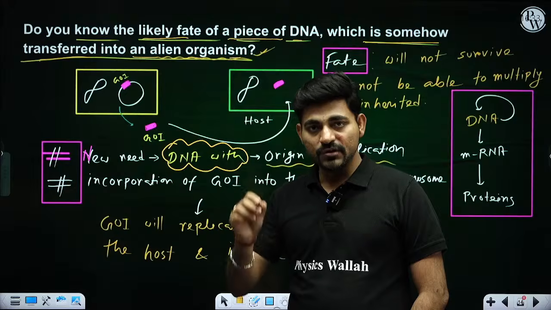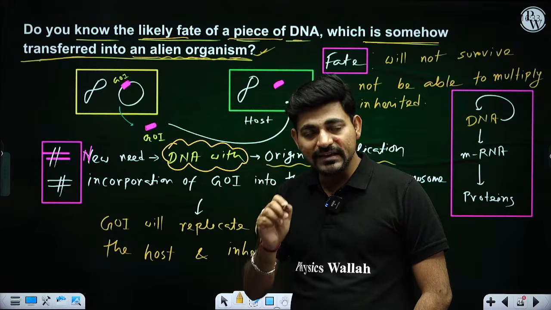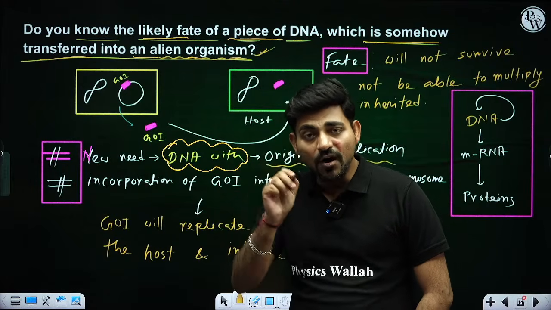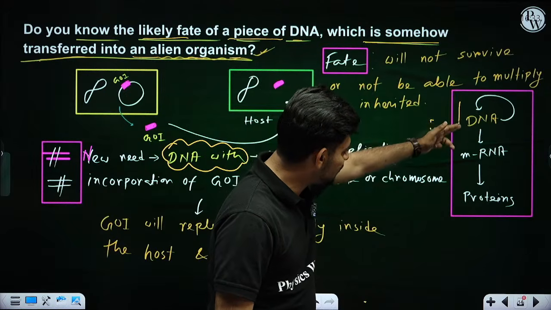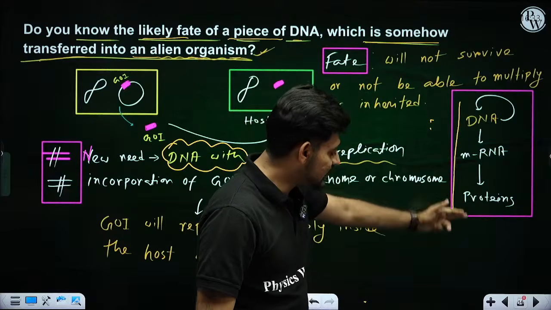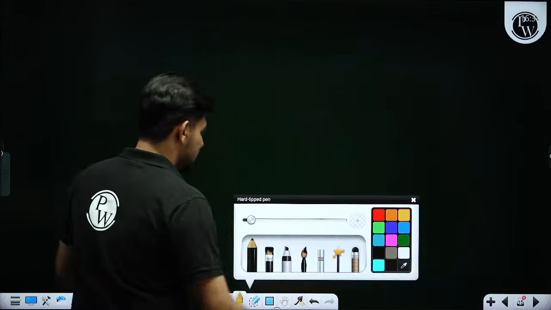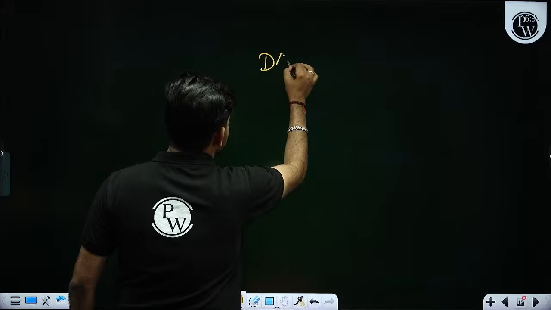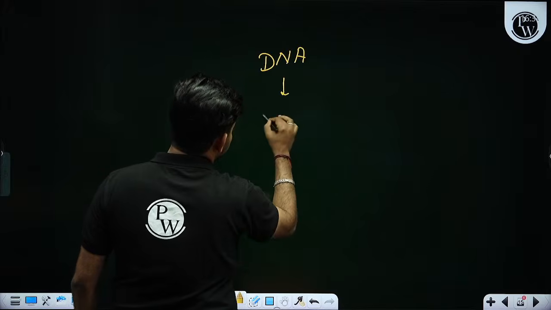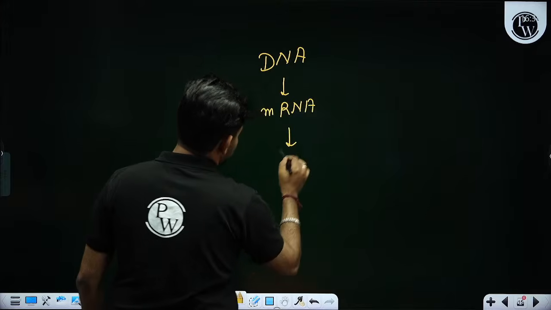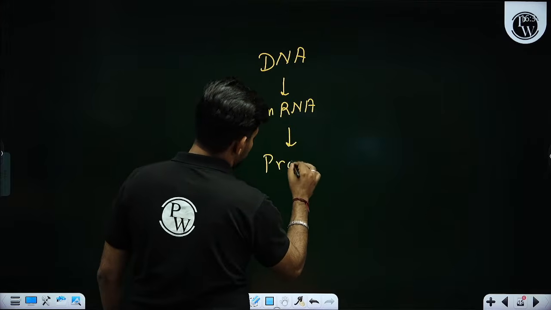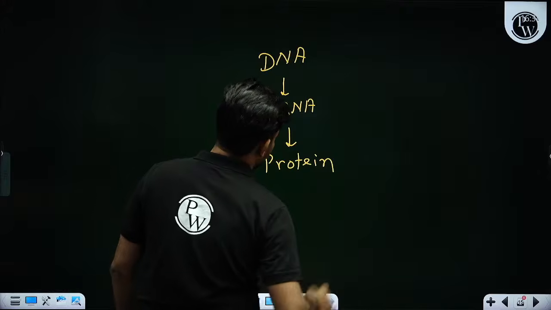While the host organism is performing the central dogma, inside the host cell the DNA will be converted into messenger RNA, mRNA, and mRNA will produce protein with the help of ribosomes.